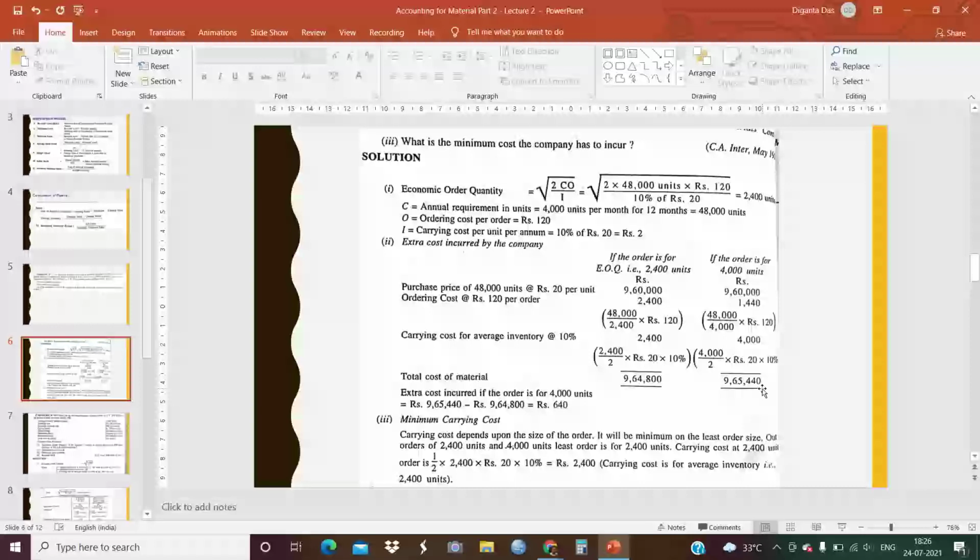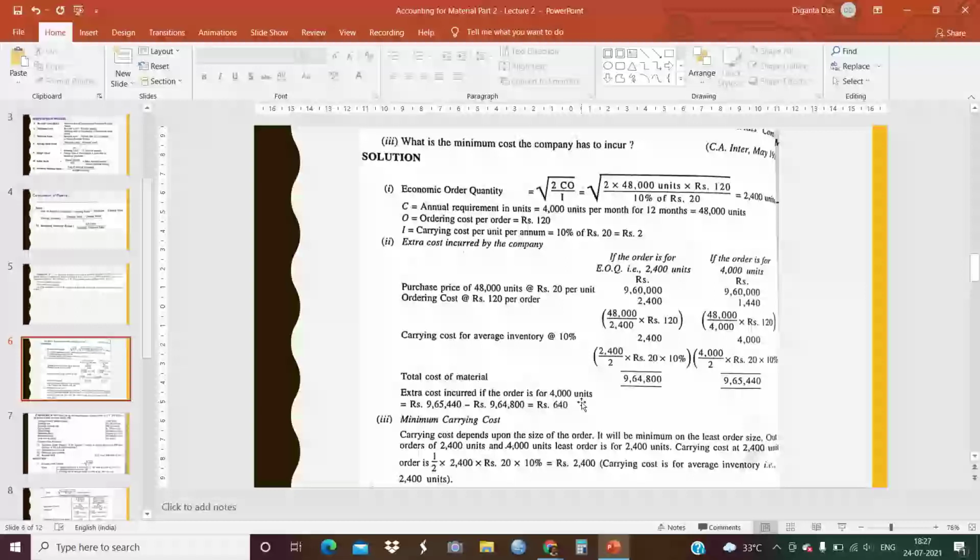That means we have paid an extra amount. The extra cost incurred if the order is for 4,000 units will be the difference, this 640. So in this way, at economic order quantity and at the given lot size, this is the procedure for how total costs are calculated.